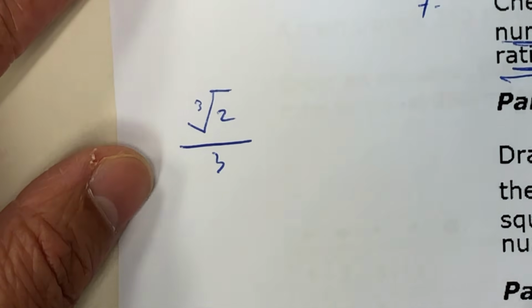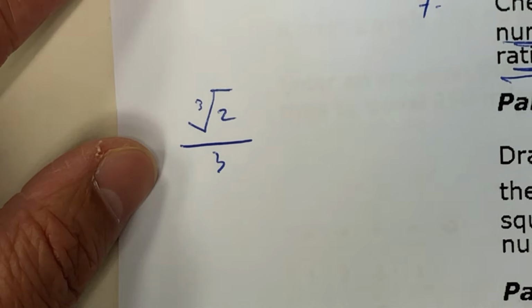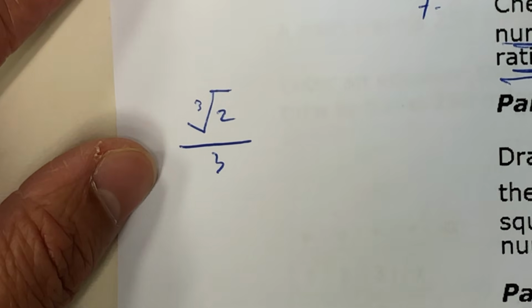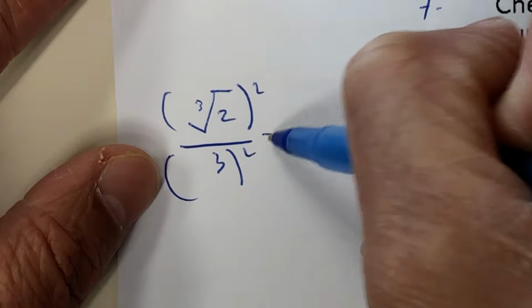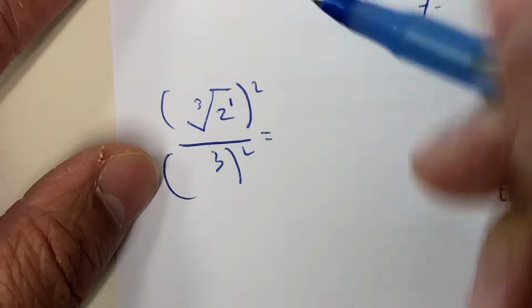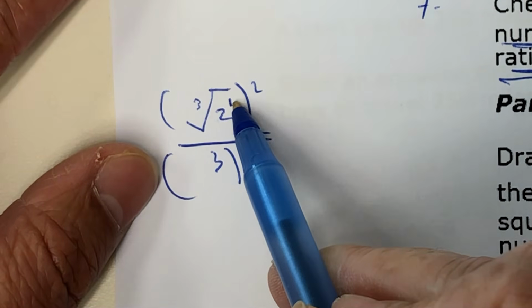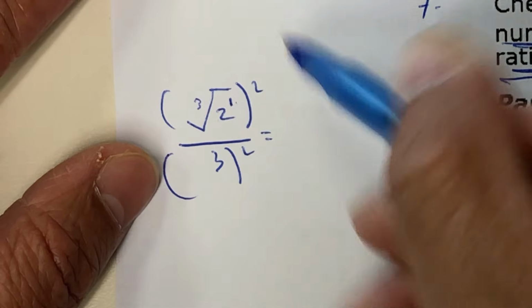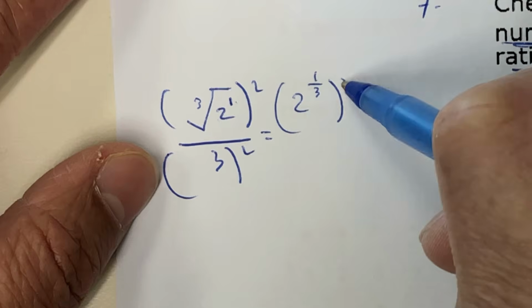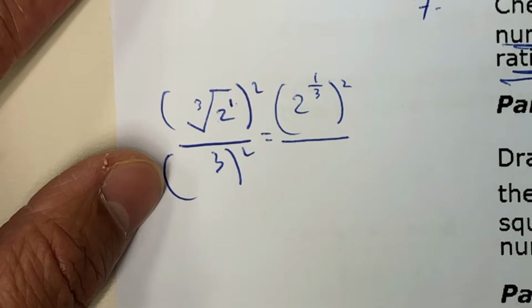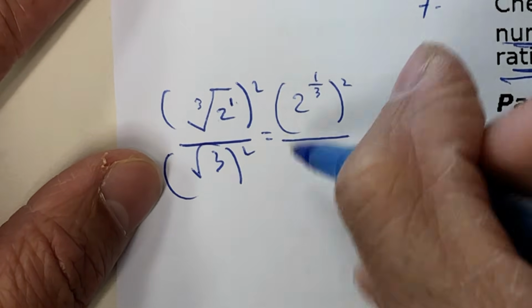Alright, so this is the first problem. And what I'm going to do here is square the numerator and denominator. So let's do that. Now remember back to our fractional exponents, this is 2 to the first, and this is the denominator, so 2 to the 1/3 power squared, and this one down here is the cube root of 3 squared.